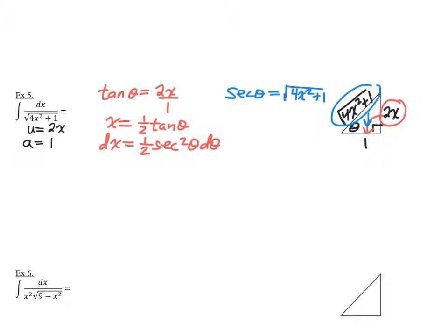So we have all our ingredients here. I'm going to write my integral: dx, 1/2 secant squared theta d theta, over secant of theta. And there's no x to substitute in, so we're in good shape there, it looks like.